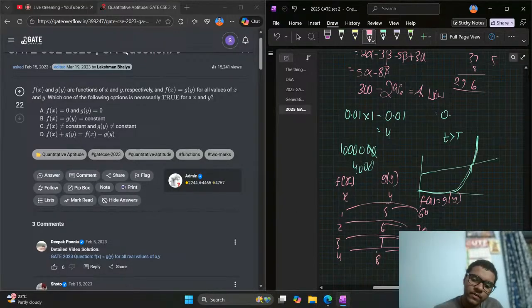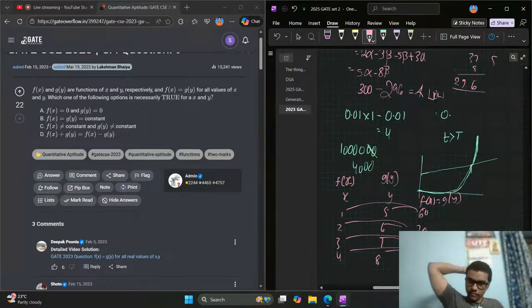F of x plus g of y for all values of x and y.